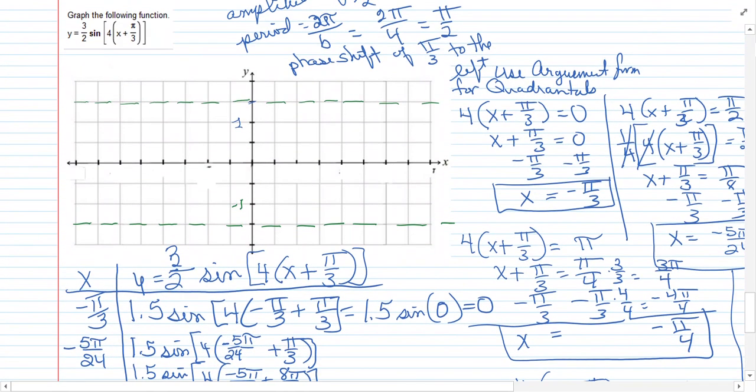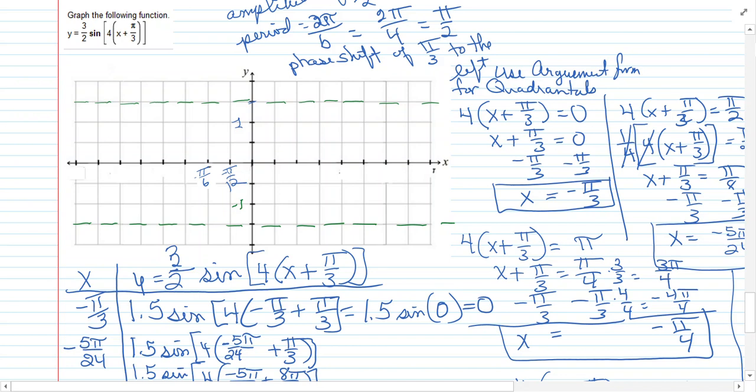So now we have to figure out our positions. So what I'm going to do is 12ths, right? This is negative pi 12ths, right? Because 24 is half of that. Negative pi 12ths. This is pi 6.